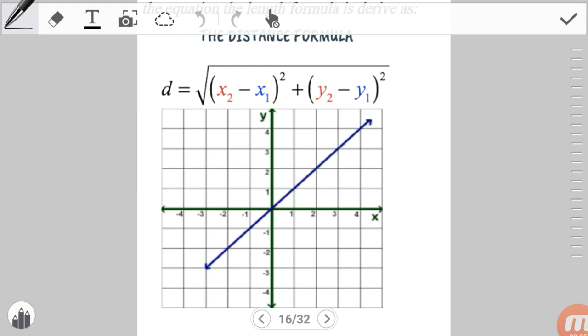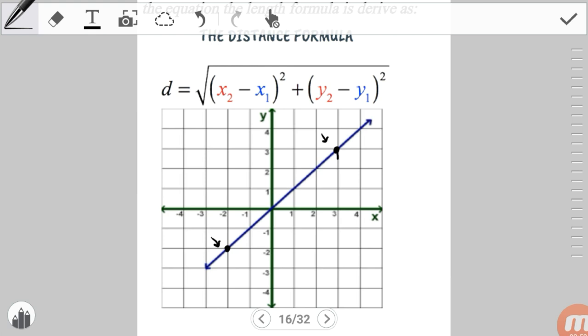Now, just as an intuitive understanding of the concept, if you are familiar with the right angle triangle, then you would realize that if I were to select, say, this point here, and this point here, these are my 2 points, and I need to find the distance of the line.